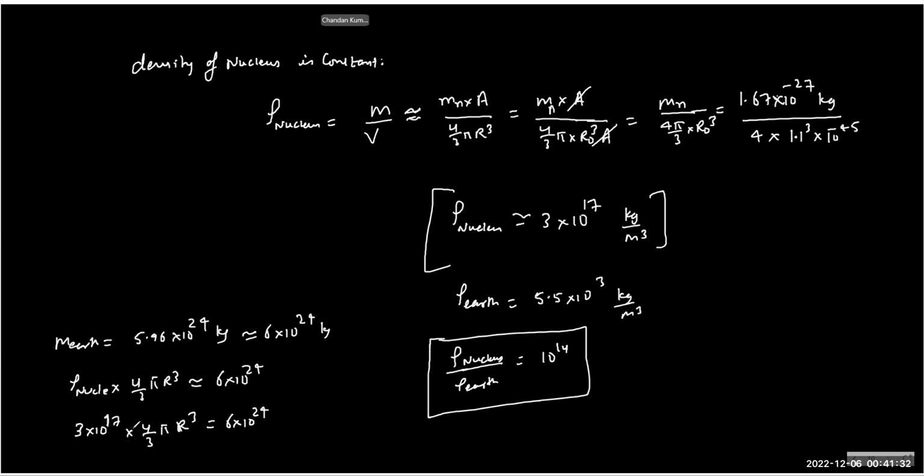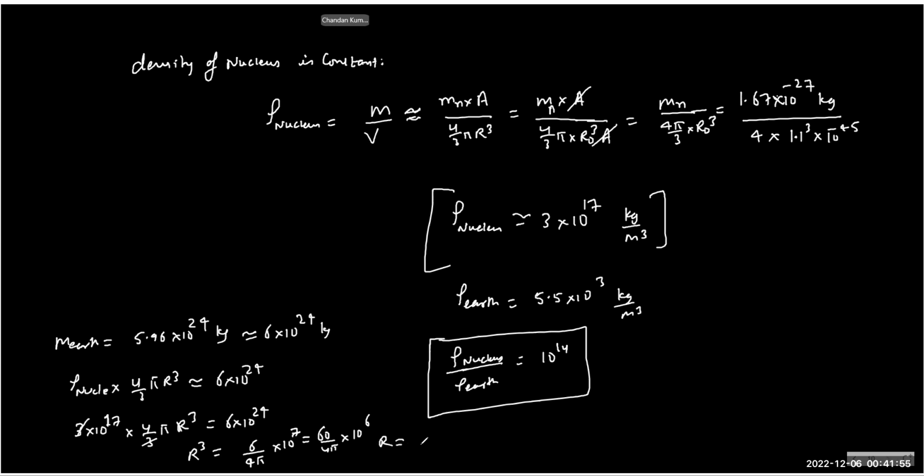Okay, so who will tell me this answer roughly? So r cube is how much? 6 by 4 pi, 24 minus 17, 7. So roughly it is 60 by 4 pi into 10 power 6.